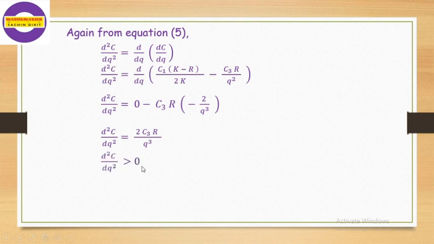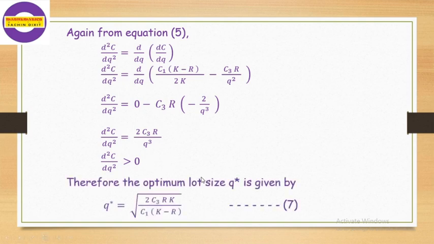If the second derivative of C with respect to q is positive, obviously the value of q will be the optimum value, that gives the optimum lot size q star, where q star is equal to the square root of 2C3RK divided by C1 into K minus R. That means the quantity q we get when we take the first derivative equal to 0, that quantity gives the optimum lot size.